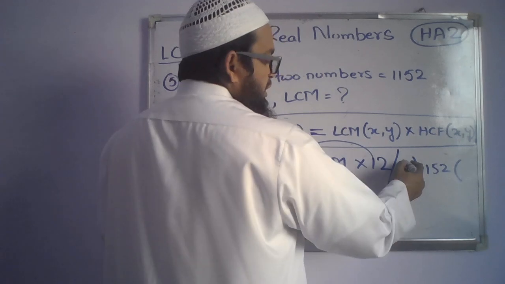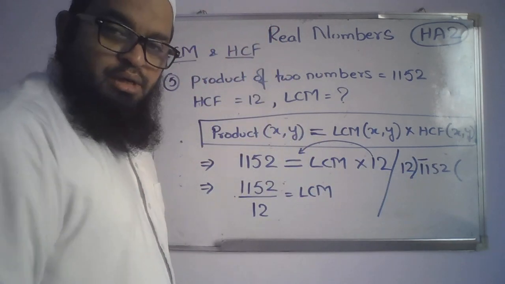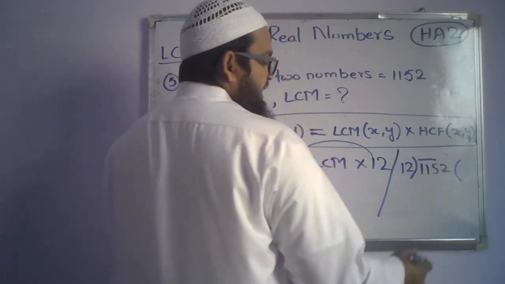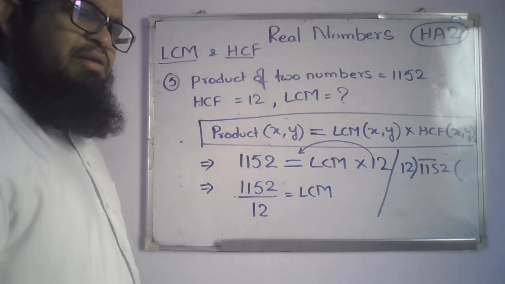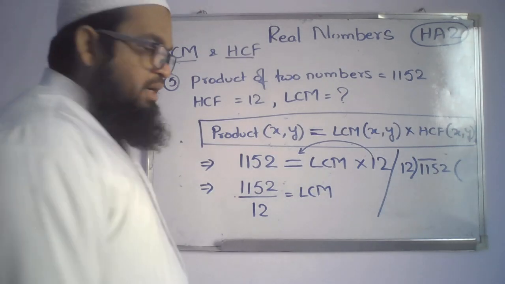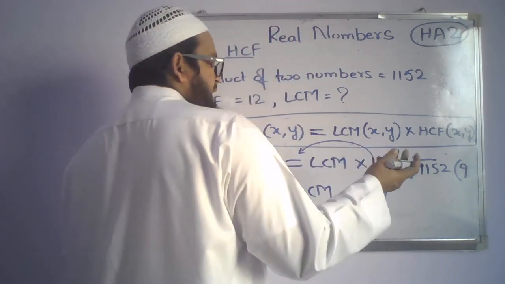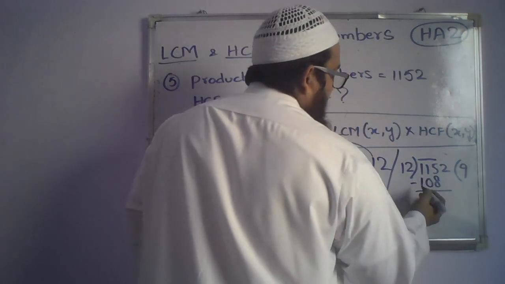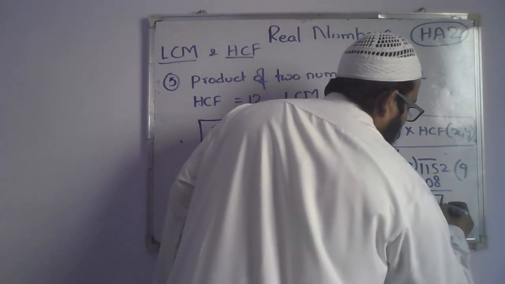So 12 has two digits. If I take two digits here, it is 11, which is smaller. So the first time you can take any number of digits. Now I have taken three digits, it is 115. 12 tens are 120, so let us take 12 nines. 12 nines are 108. 115 minus 108 is 7.